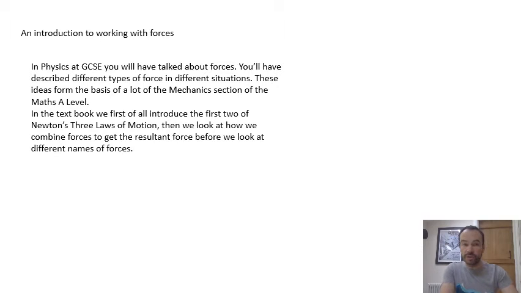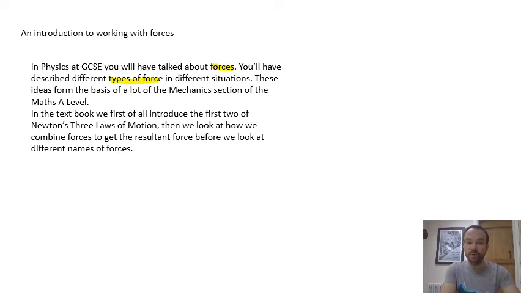Right, what we'll do now is introduce the second of the big ideas in the mechanics, the idea of working with forces. At GCSE, you would already have been introduced to forces. You'll have talked about different types of force: friction, tension, drag and things. We're going to look at the names of forces a bit later.